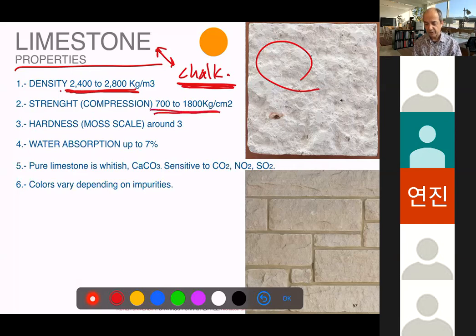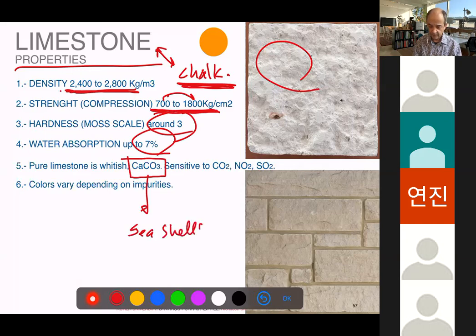Again, the compression strength is enormous and may change a lot. I will not repeat. Soft again and very absorbent. Well, it has a lot of water absorption. So in this case, it's even worse than in the case of sandstone because the composition of the material is calcium carbonate. This is the same as the sea shells and our bones.